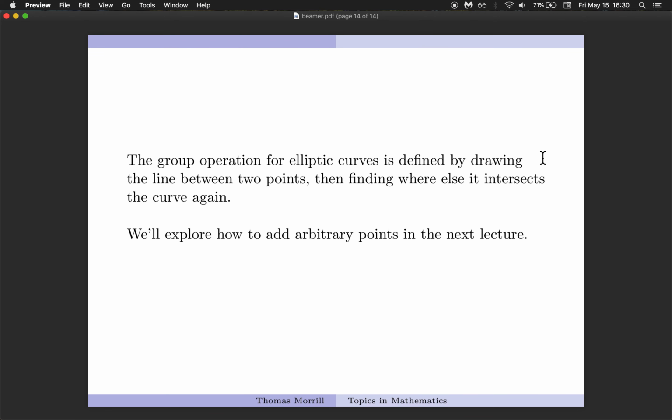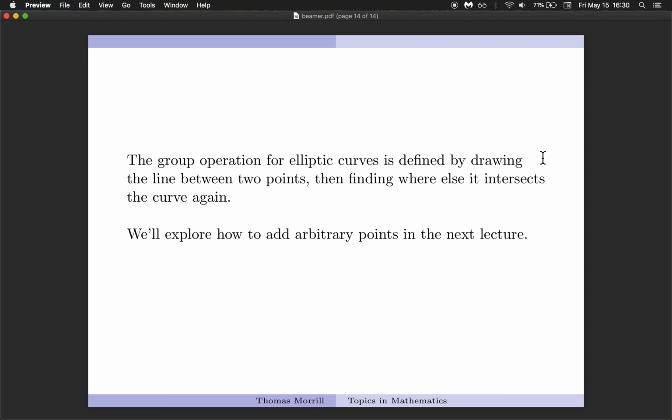Okay, so I am a little short on time to define how to add arbitrary points together. I will be covering that on Tuesday. If you want to spoil yourself, there's plenty of other videos on YouTube where they talk about the elliptic curve group. But I will be going over it in my own way next week.